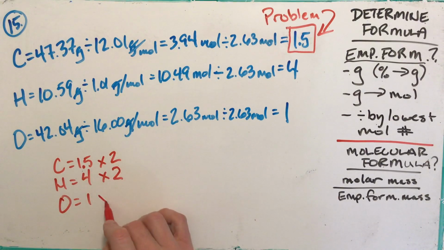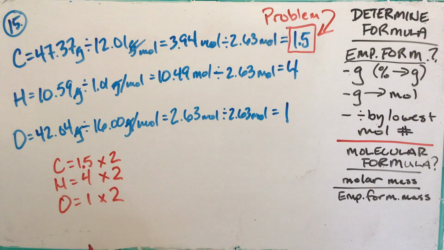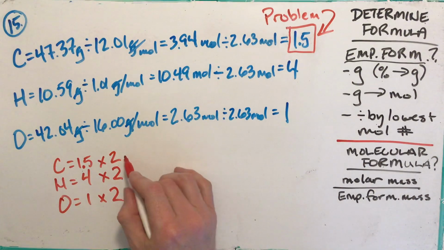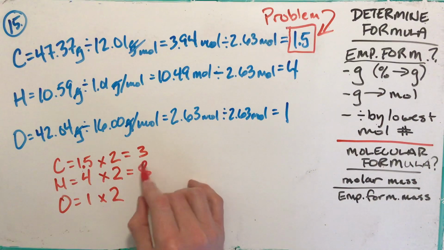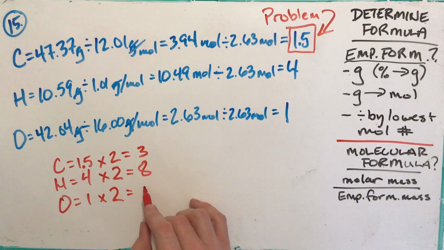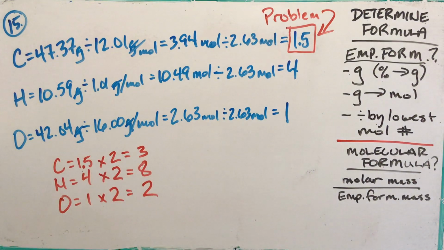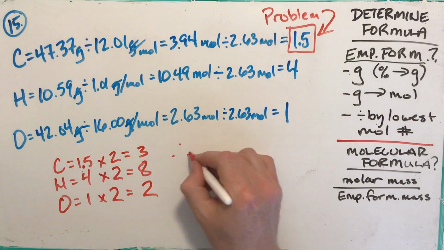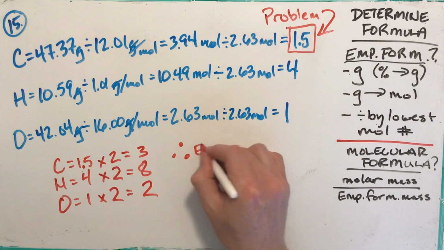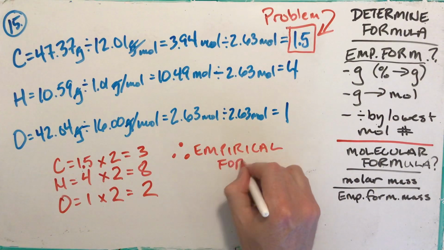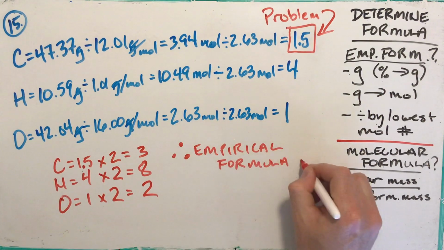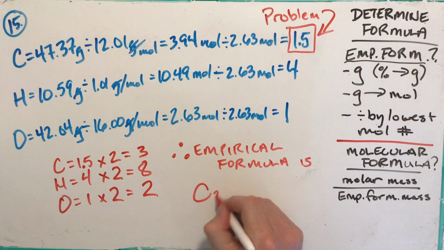But I got to then do that for all of the elements. 1.5 times 2 is 3. 4 times 2 is 8. And 1 times 2 is 2. And so my empirical formula is C3H8O2.